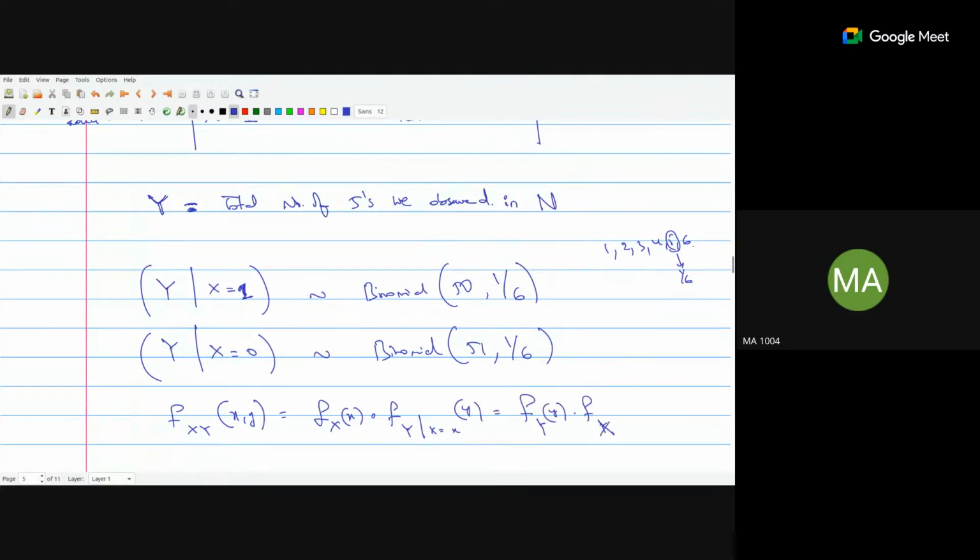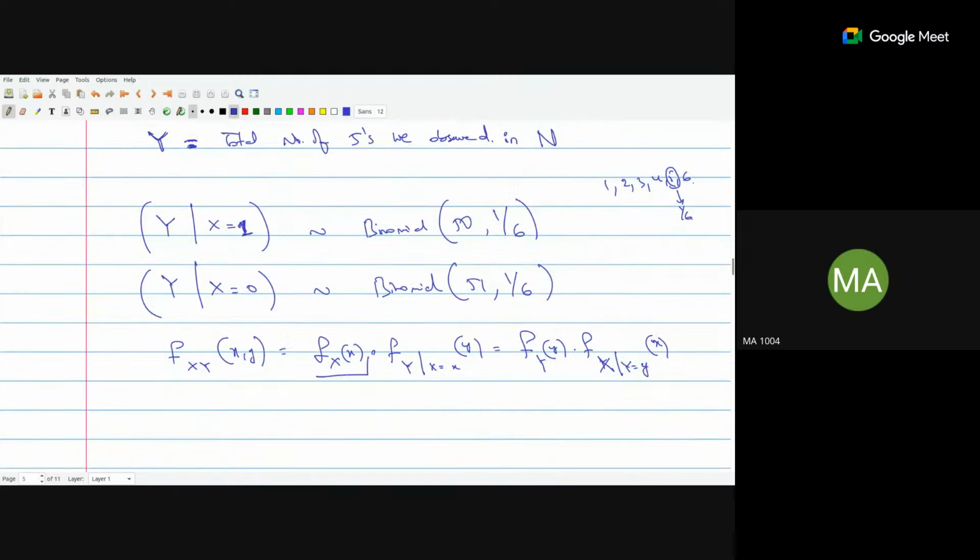So what I am going to do is, I know this and I know this, right? I know this because I know the distribution of x, and I am looking at the conditional distributions, y given x equals something. So that means I know the conditional distribution. This is what I said.